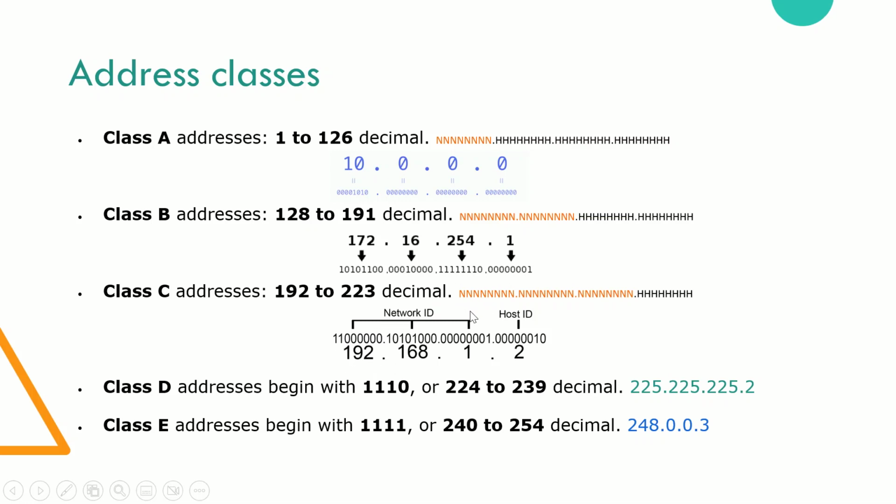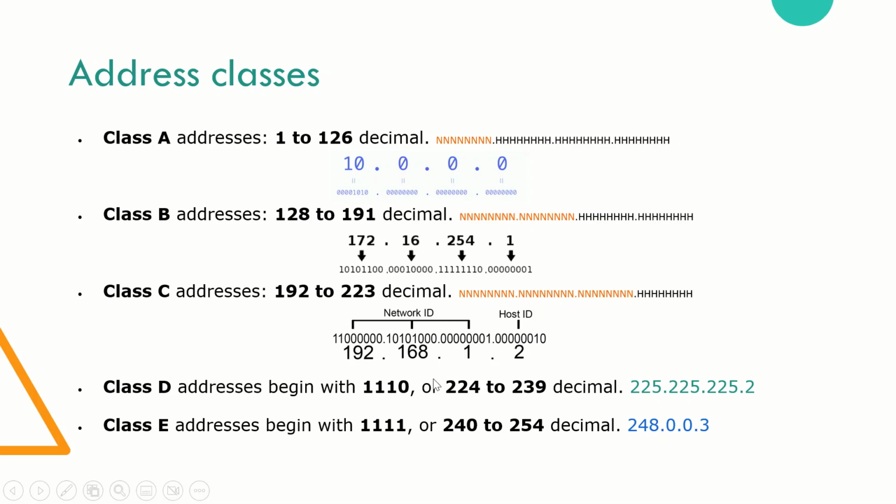In this class, the first, second, and third octets belong to the network portion, and this last portion belongs to host portion.